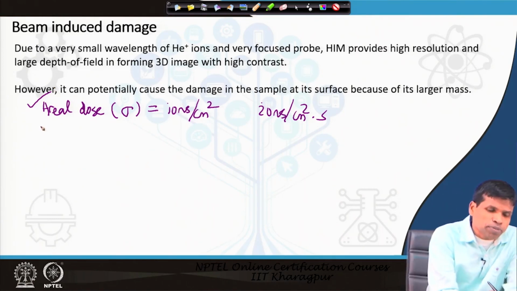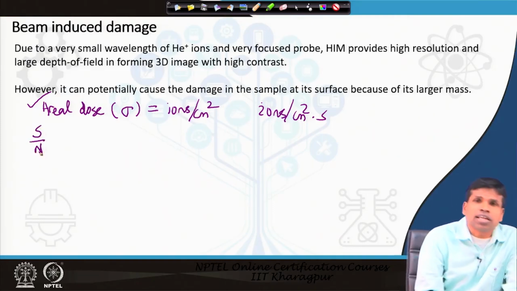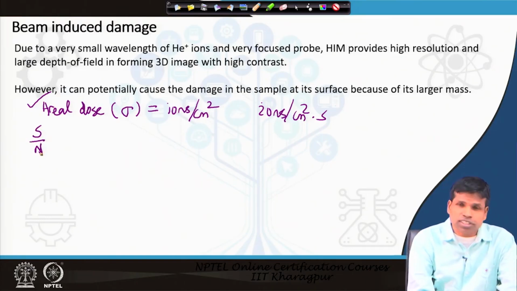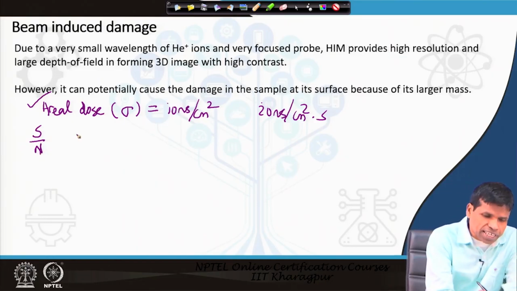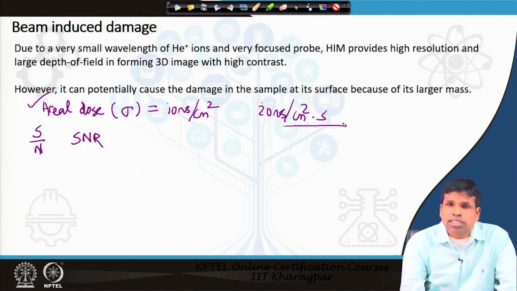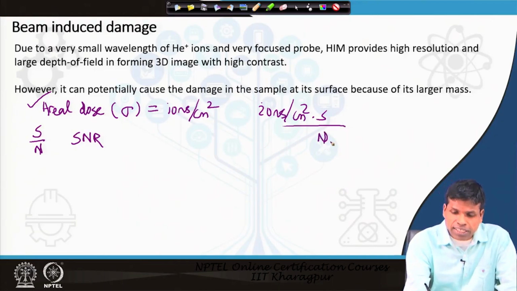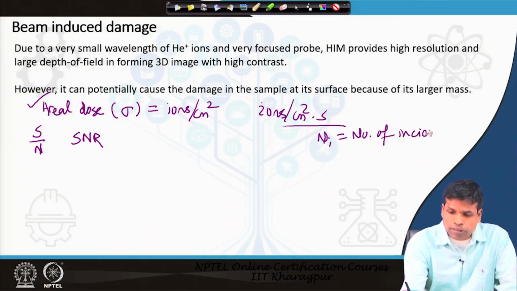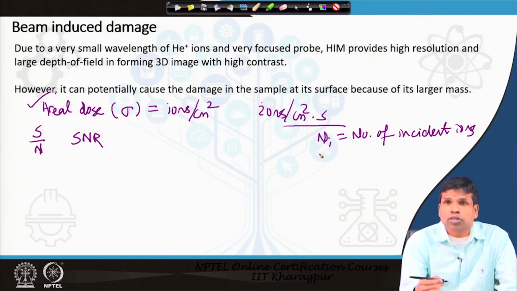So, previously we discussed the signal to noise ratio, SNR. Let us say Ni is our number of incident ions, and we want to detect the signal. Detecting the signal means detecting the particles, let us say secondary electrons or backscattered ions.